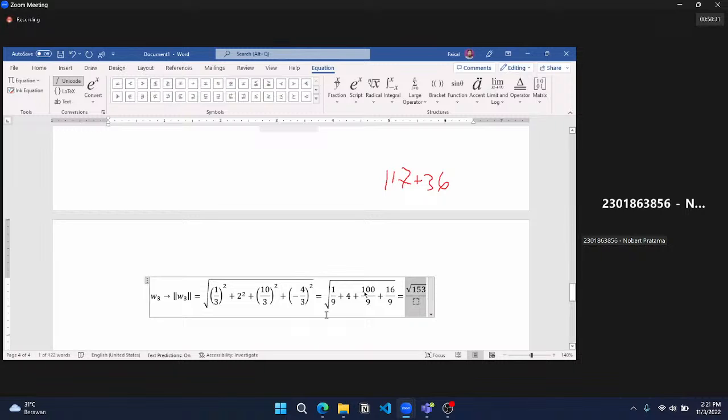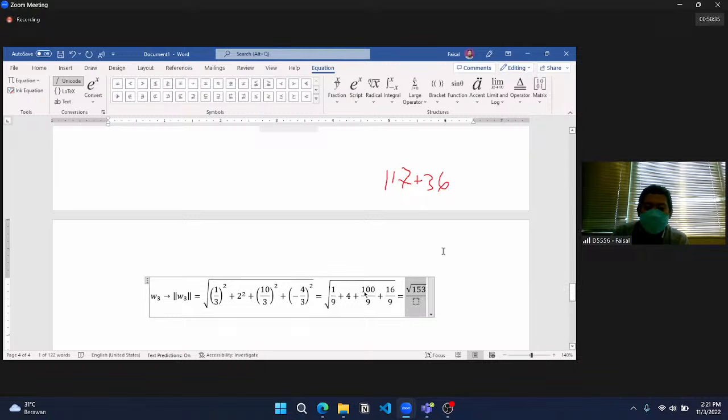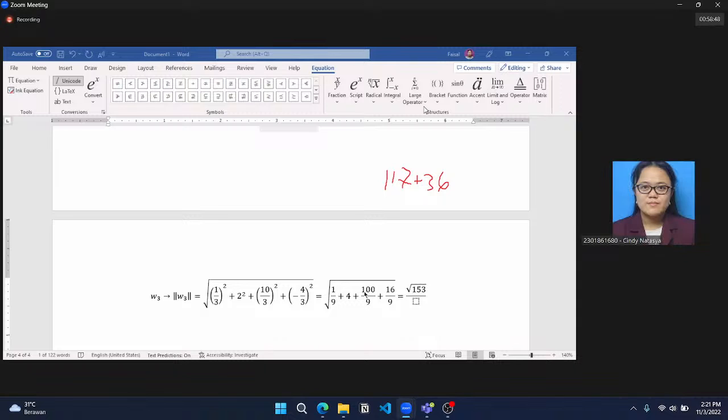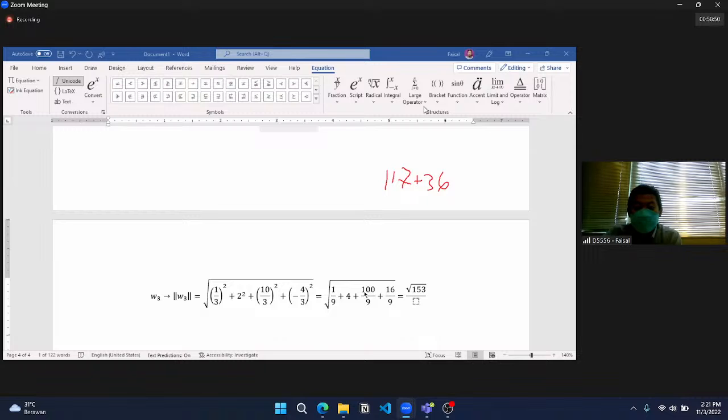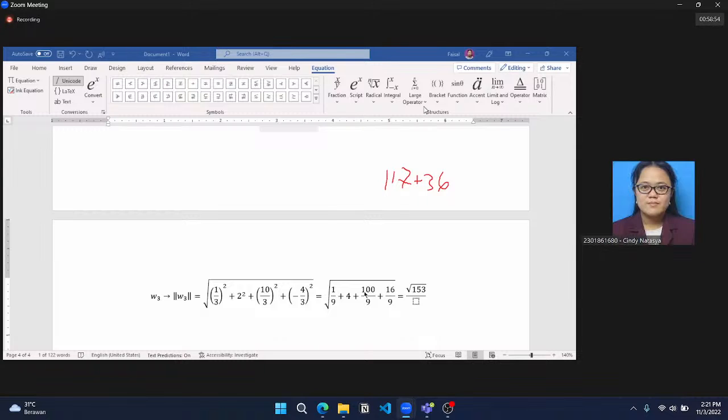Oke. 153 kelipatan 9 nih. $150 is 9 with Bapak, 17, Pak. 17. Bapak, itu bukannya Sorry, ya. Kenapa? itu bukannya 153 bagi 9 baru diakarin ya?